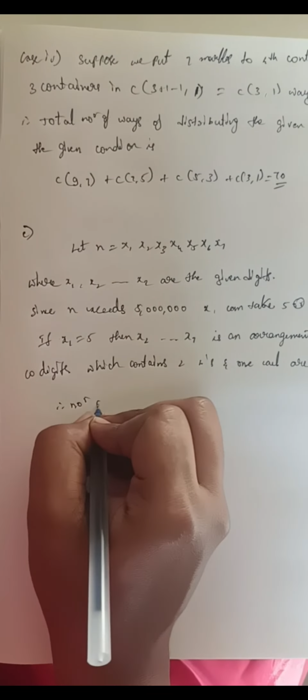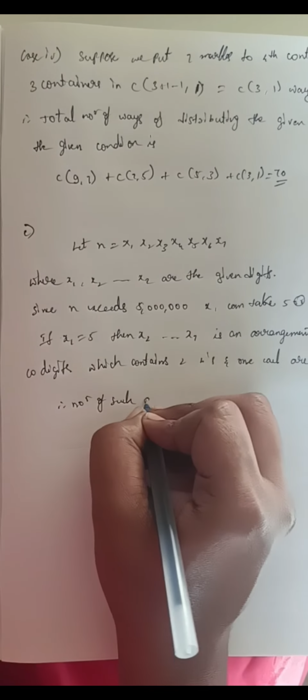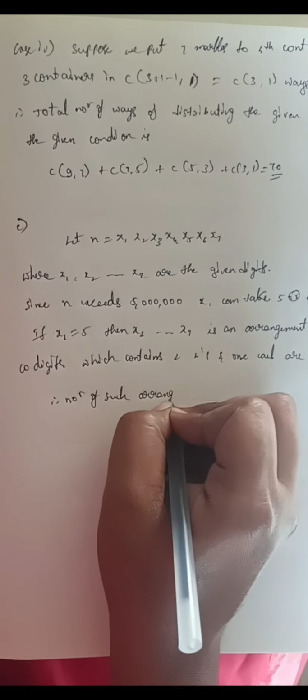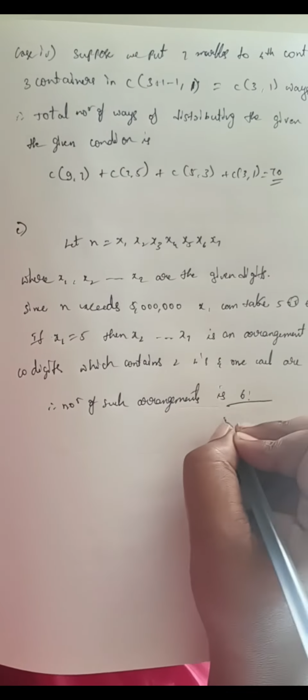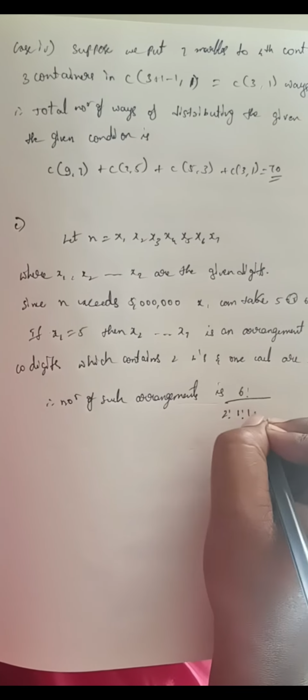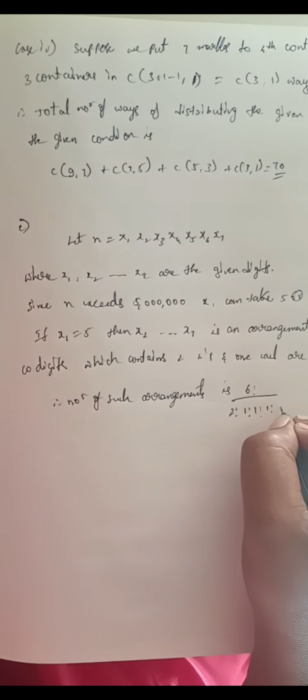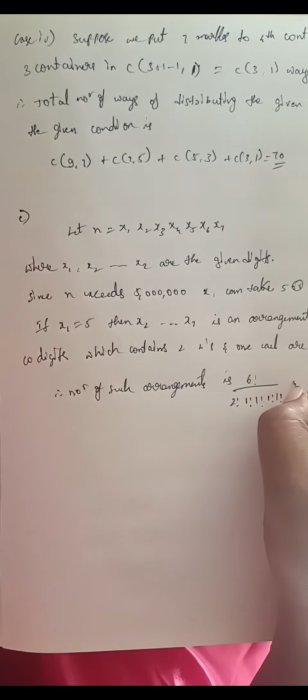Therefore, the number of such arrangements is 6 factorial divided by 2 factorial into 1 factorial into 1 factorial into 1 factorial, which equals 360.